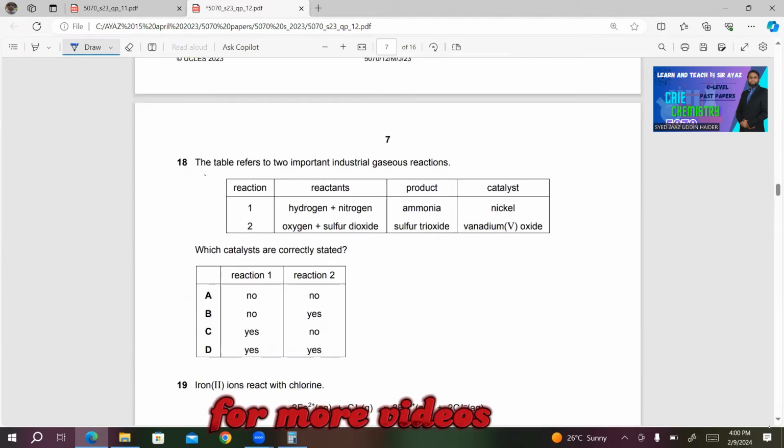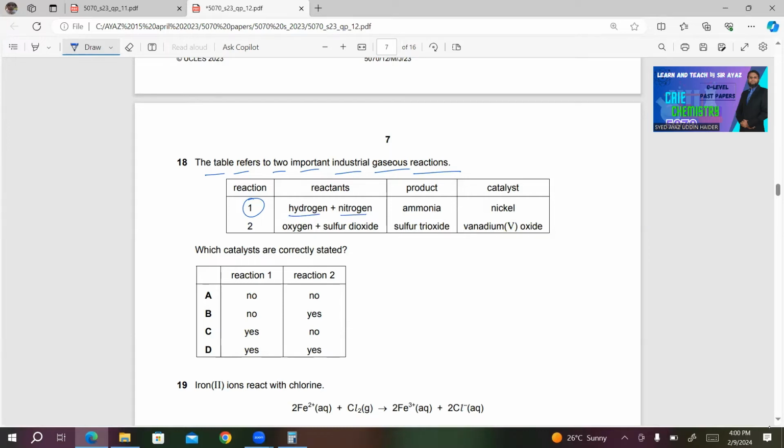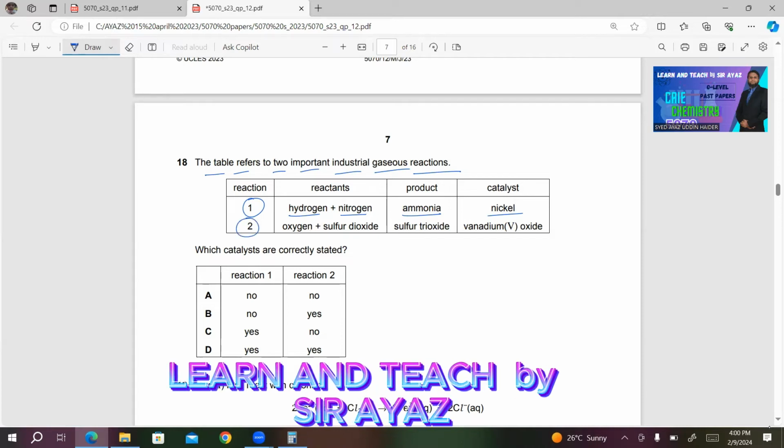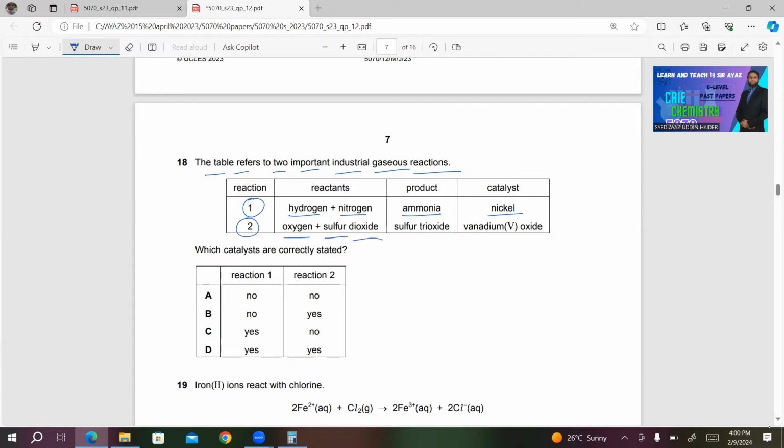18. The table refers to two important industrial gaseous reactions. So we have reaction 1. The reactants are hydrogen plus nitrogen, the product is ammonia, and the catalyst is nickel. Reaction 2. The reactants are oxygen and sulfur dioxide, the product is sulfur trioxide, and the catalyst used is vanadium(V) oxide. Which catalysts are correctly stated?